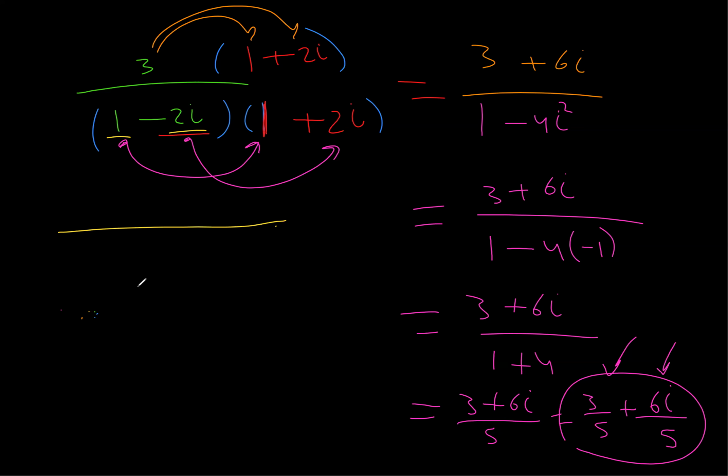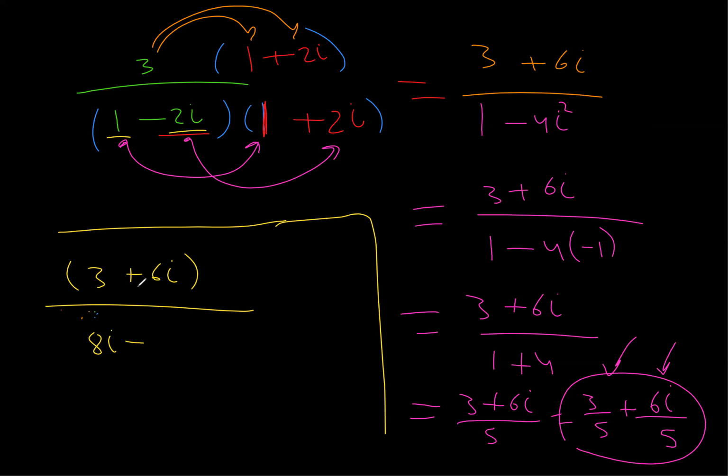If I have now this question, if I have 3 plus 6i, you see, over 8i minus 5. Okay, in this case now, think of it. What is the conjugate that I need to multiply the numerator and denominator by? The conjugate is the conjugate of the denominator. Good. So multiply here by the conjugate of what? Of the denominator.